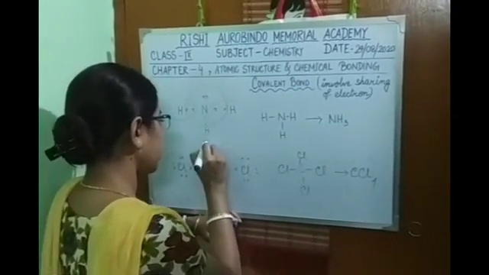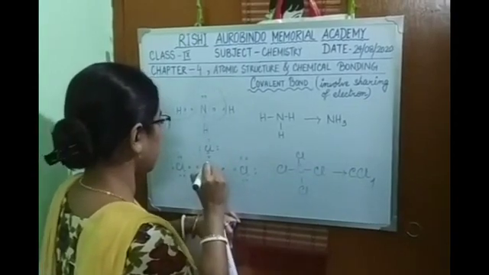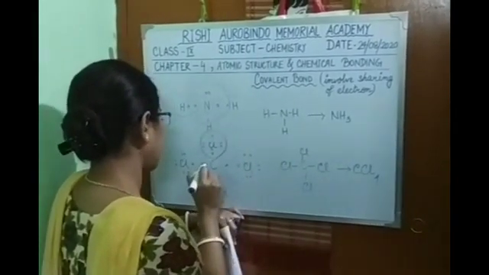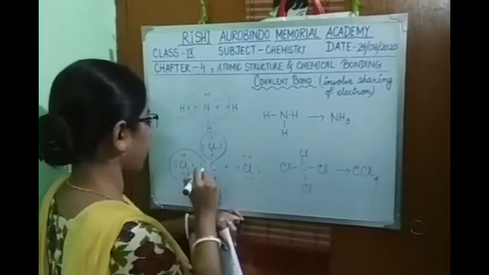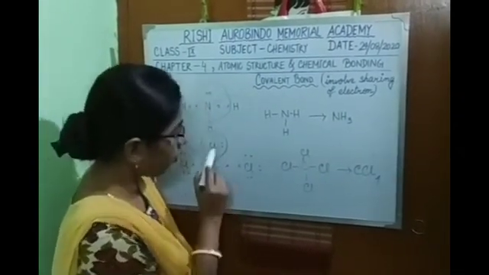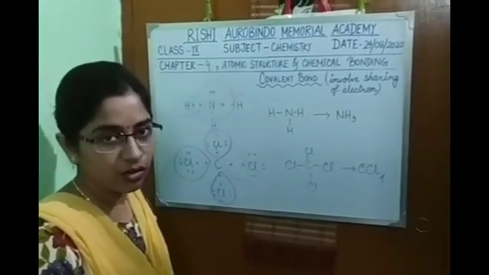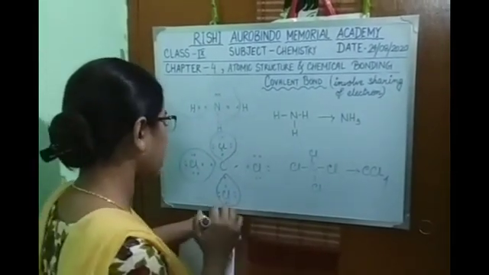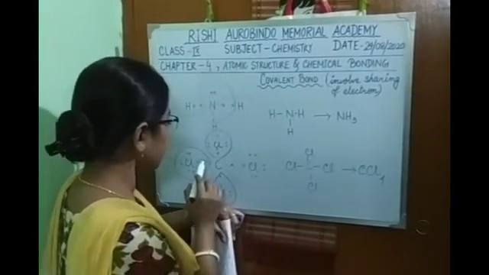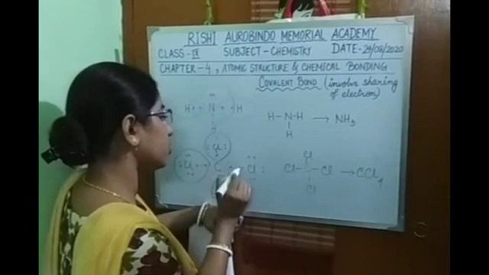In a similar way, this chlorine will also take 1 from carbon. This chlorine will also take 1 from carbon, and this chlorine will also take 1 from carbon. All these chlorines now have 8 electrons in their outermost shell. Now what about the carbon? As they are sharing, carbon is getting 1 from each chlorine.